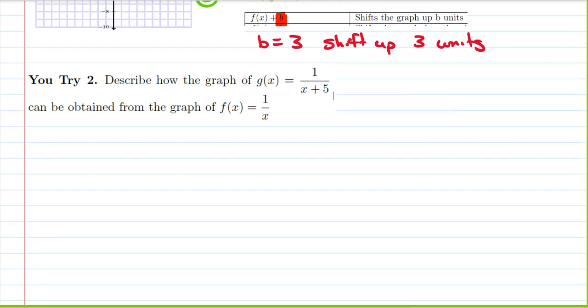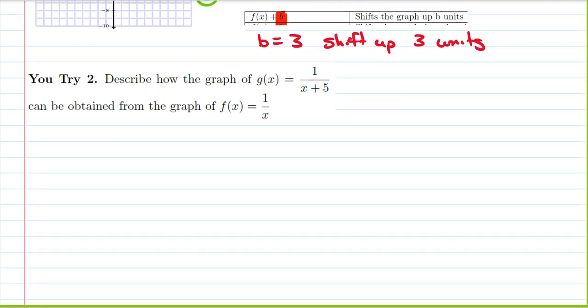All right, so we need to identify what we had to do to f in this one to get g of x. So we notice that we have 1 over x, and then we have 1 over x plus 5. So it looks like to get g of x, we replaced x with x plus 5.